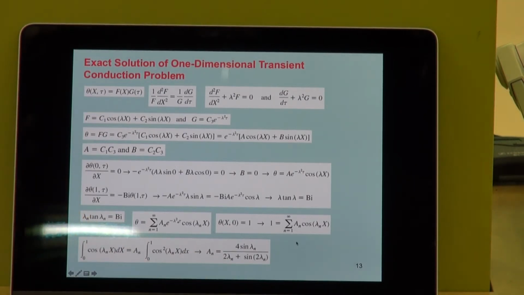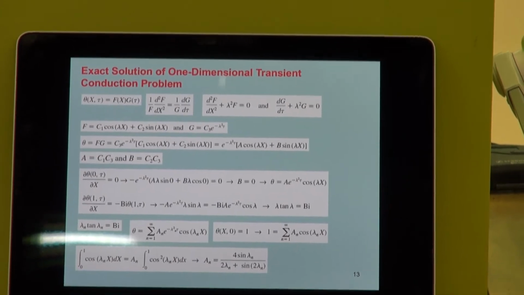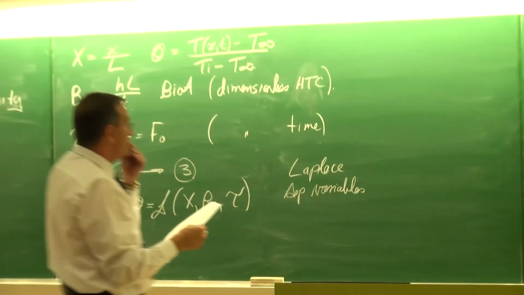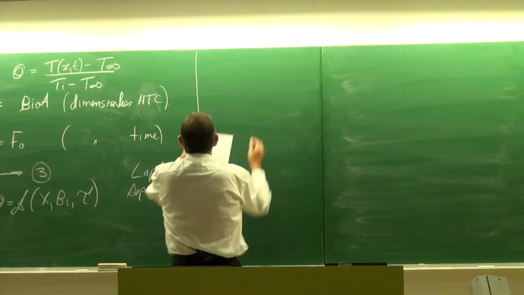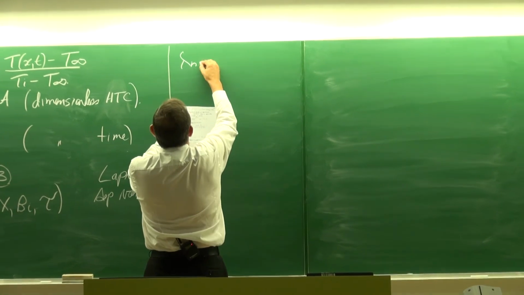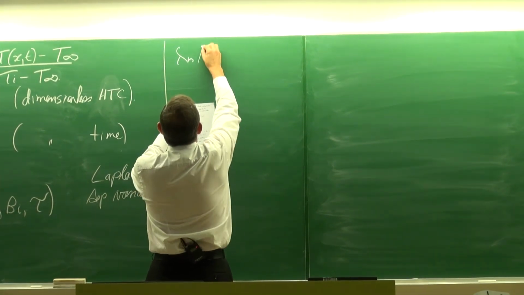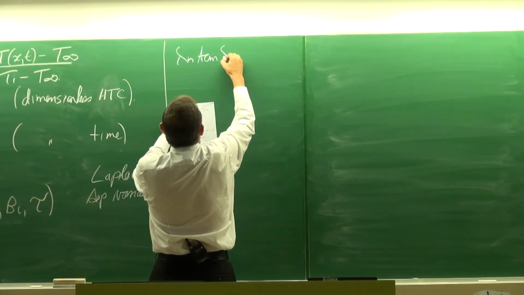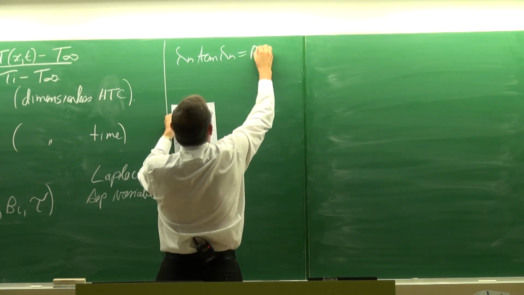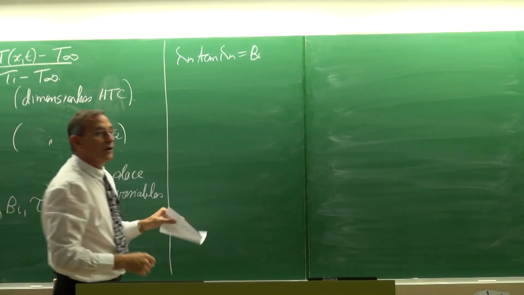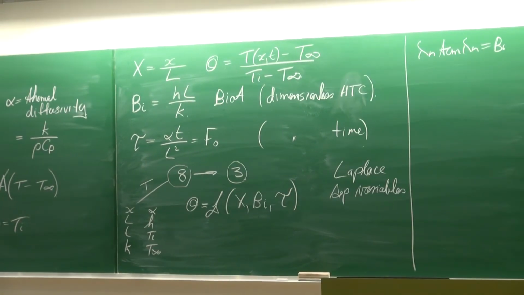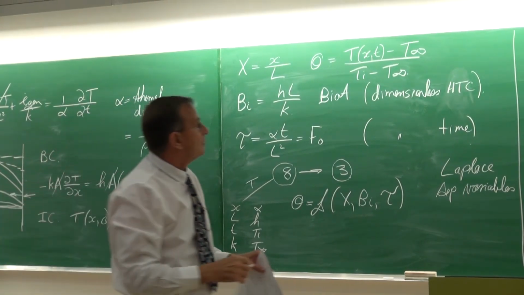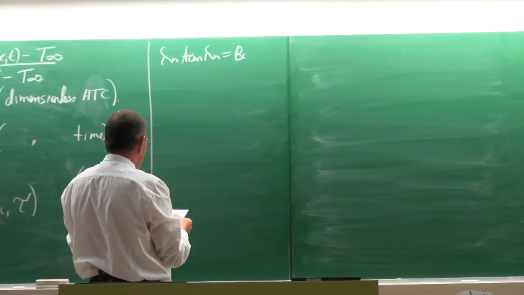Okay, so all those equations are in your textbook, and you're going to use many of them a lot. But let me just show you some of the most important ones. One of them is lambda n tan lambda n equals the Biot number, which means there's an infinite number of roots because it's a tangent function.